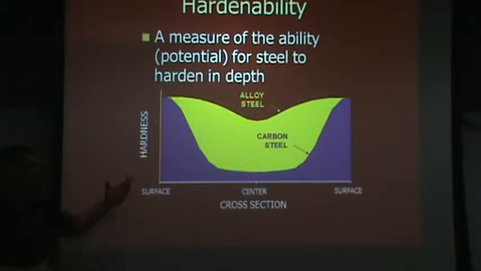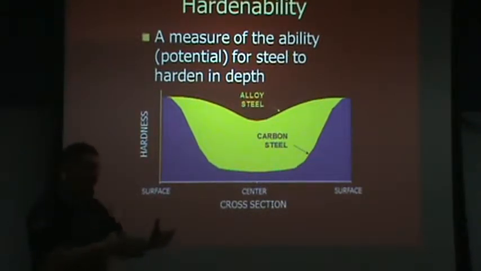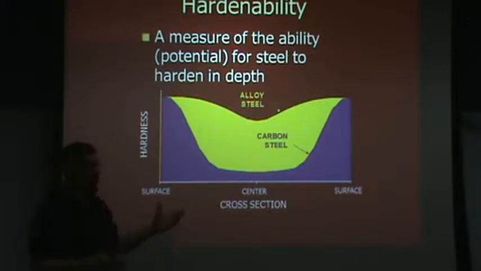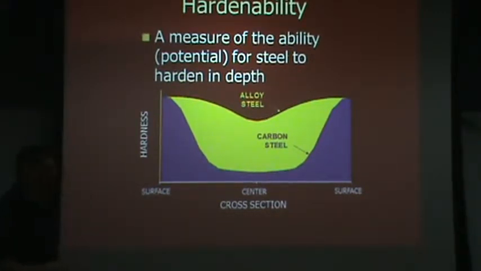The engineers are going to say, well, we need to have some mechanical properties which are related to hardness at a particular region of the part. So they're going to have to figure out what grade of material or what alloy of material will let them achieve that design criteria.